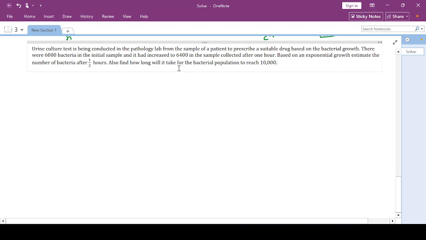There were 6,000 bacteria in the initial sample and it had increased to 6,400 in the sample collected after 1 hour.